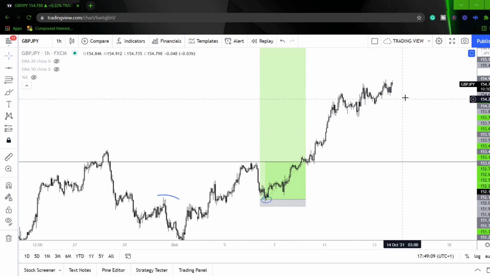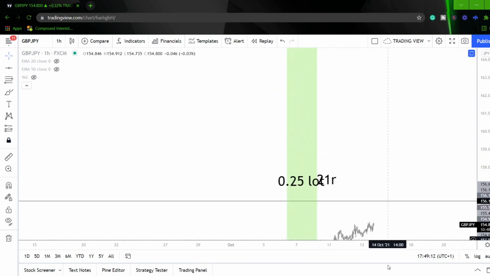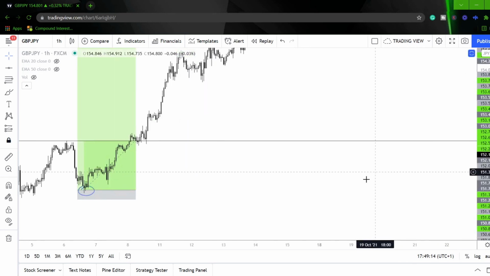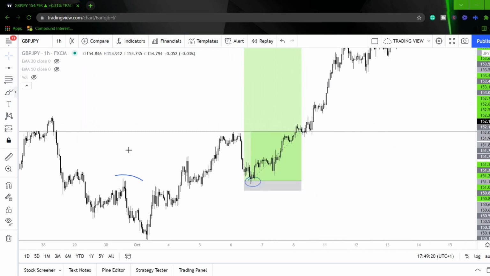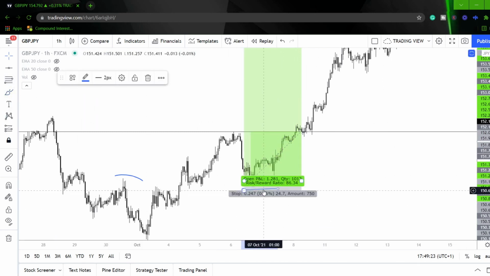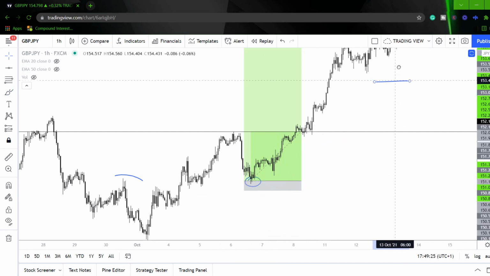So actually identifying these key levels and setting them when you set your entries, your stops and your targets, right? So that you don't have to, like I say, actively be managing, looking at the charts, managing this trade, okay?